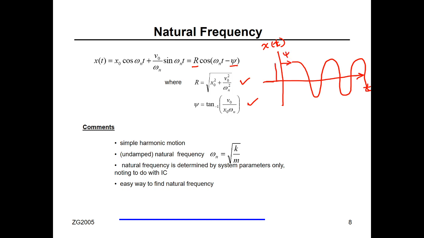And this one is the amplitude, which is R. The psi here is negative, right? So it's going to be on the other side, lagging. This is just for demonstration, for understanding.